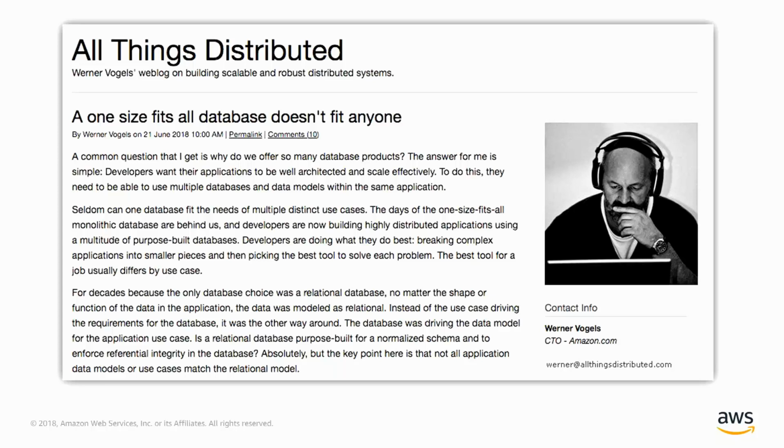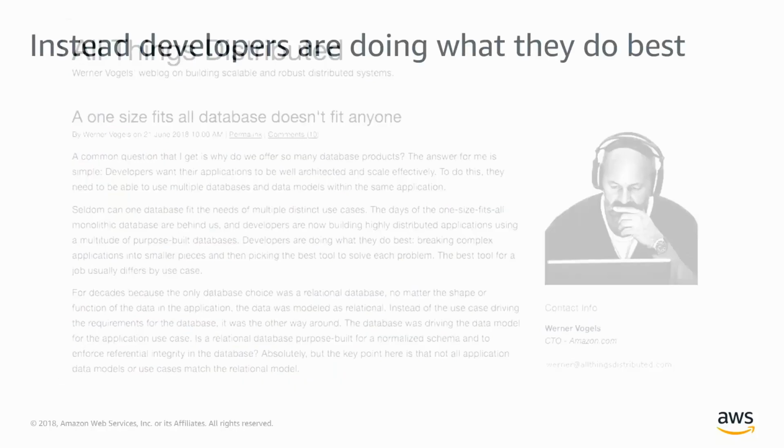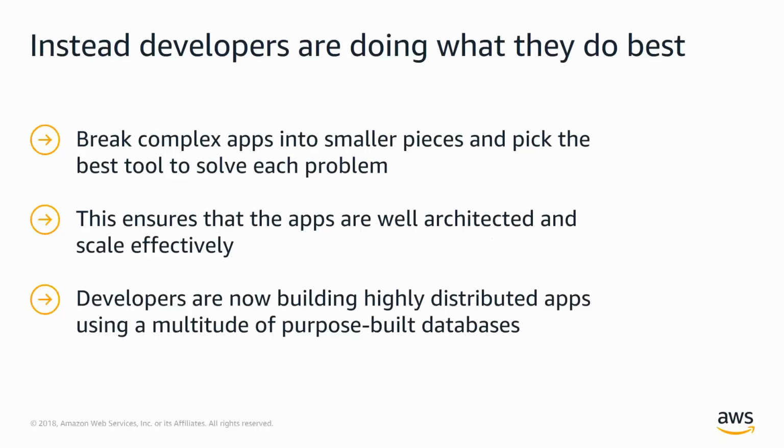One of the things that we are really focusing on, and a lot of our customers are looking at, is breaking complex applications into smaller pieces and picking the best tool to solve each problem, right?